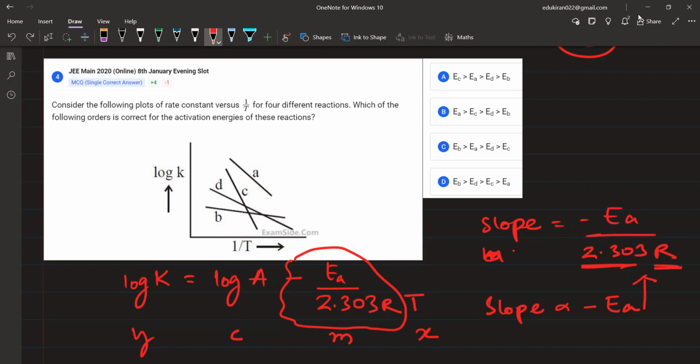So that means the highest activation energy will be for C. EAC will be highest. I think option A will be correct then. After C comes A, then D, then B. Yes, okay.